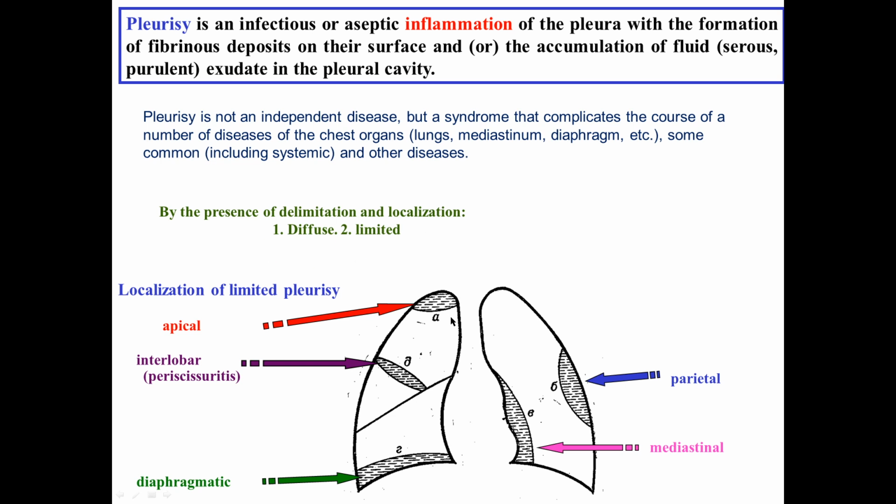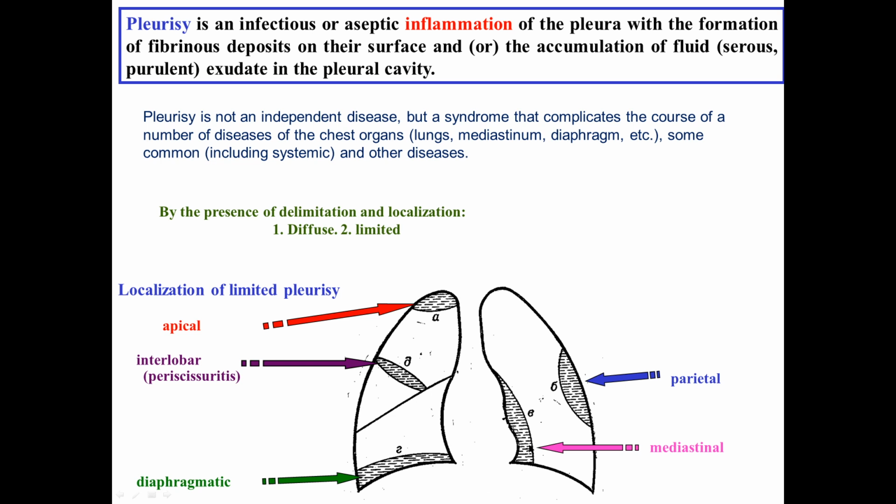As a secondary process, when your patient has already had diffuse pleuritis one or two times before, after diffuse pleuritis adhesion of the pleural layers develops, which causes limitation of the accumulated fluid. We call it localized or limited pleurisy.